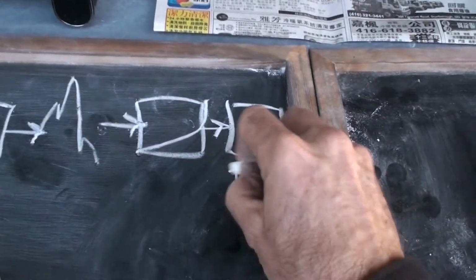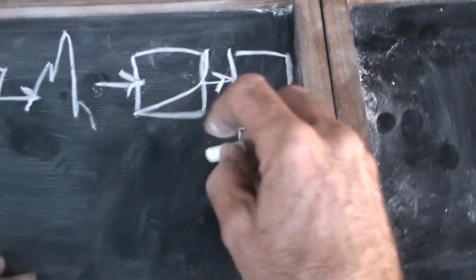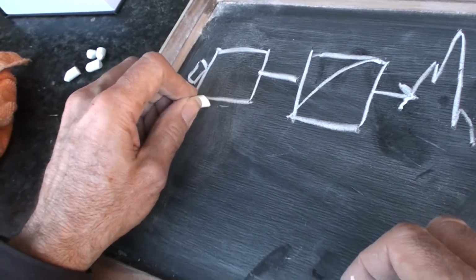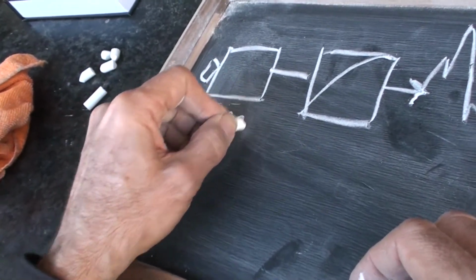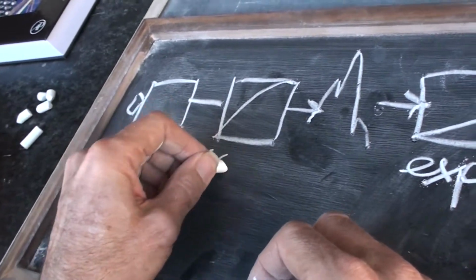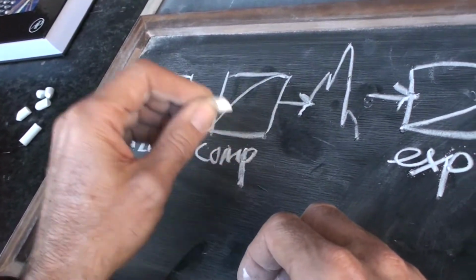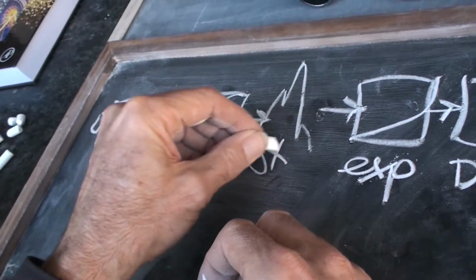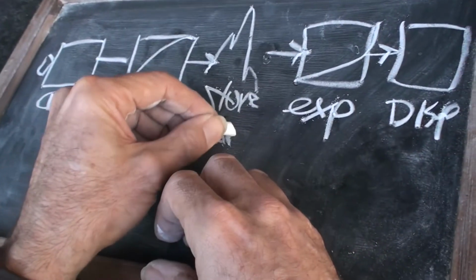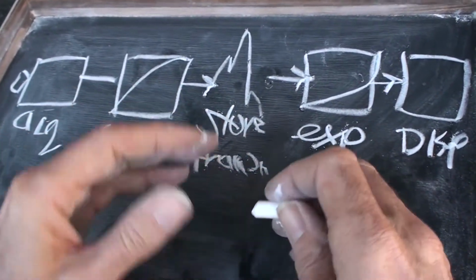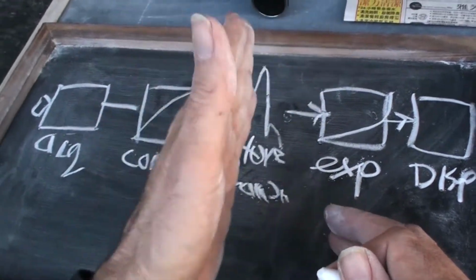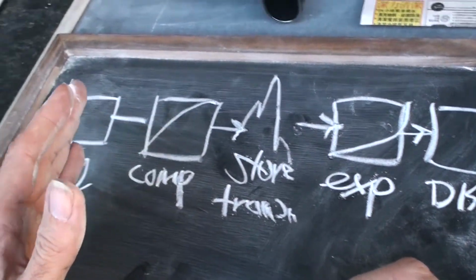So this is display, this is expand, and this is acquisition, say, of the image or data, and then this is compress, and then this is storage and transmission. Storage is just transmitting to a future time. So this is just how the images are conveyed or processed or stored or transmitted or what have you.